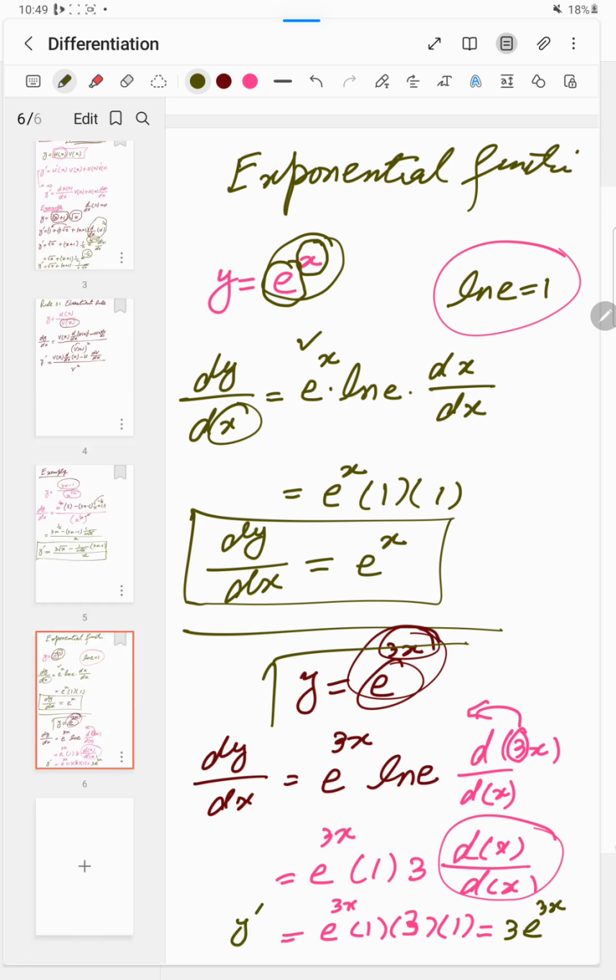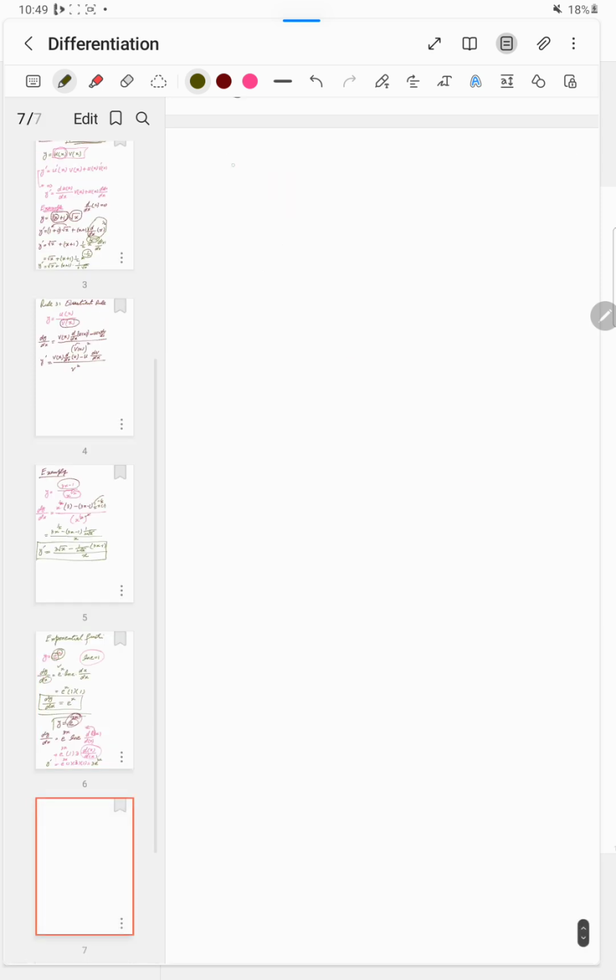Okay, we consider another example. Let's suppose y is equal to e raised to power minus 4x. We have to differentiate, so we can write y prime. The exponential function will be as it is, e raised to minus 4x, log of e, then the derivative of the power.